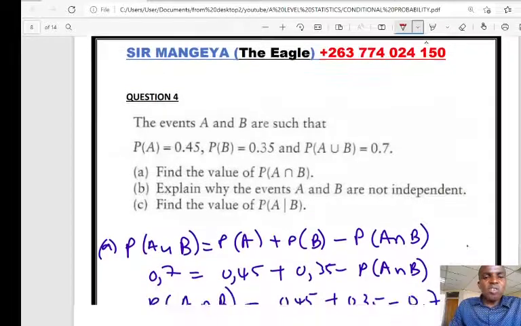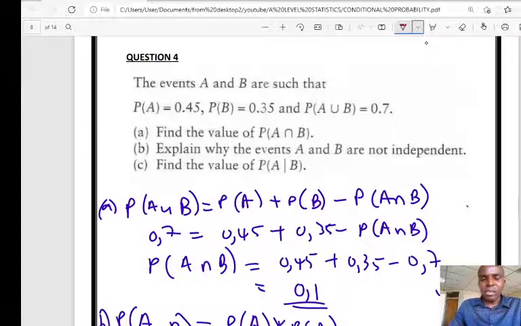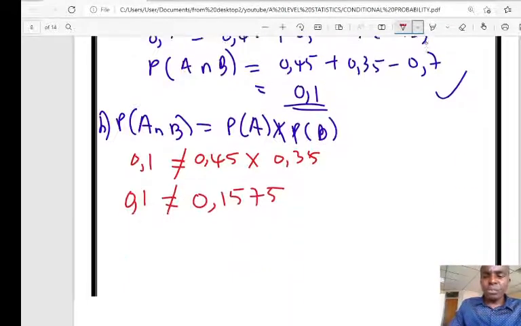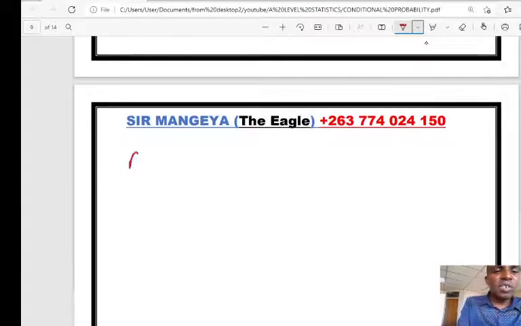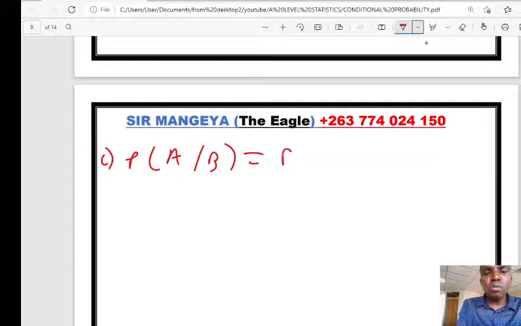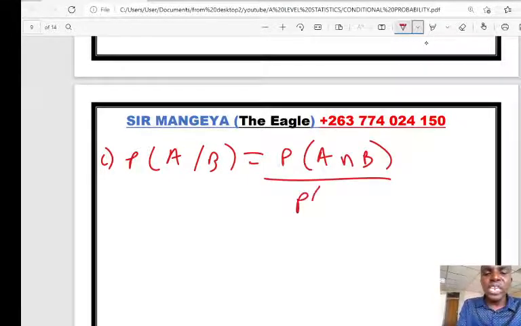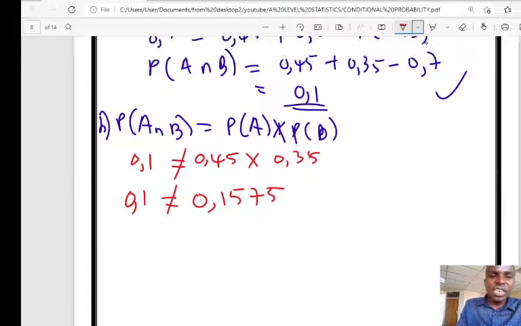Then find the value of probability of A given B. That's part C. Probability of A given B is equal to probability of A intersection B over probability of B, which is equal to A intersection B, I've already found it here, is 0.1.